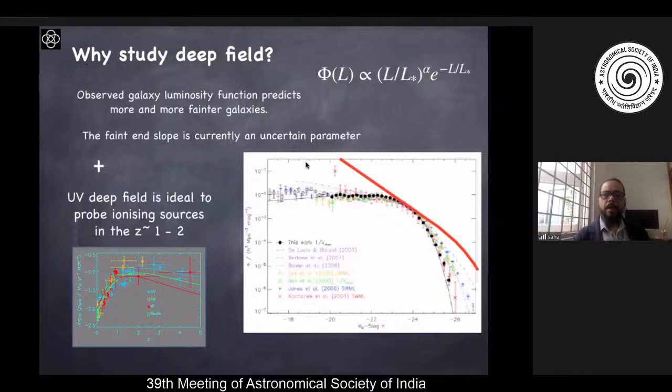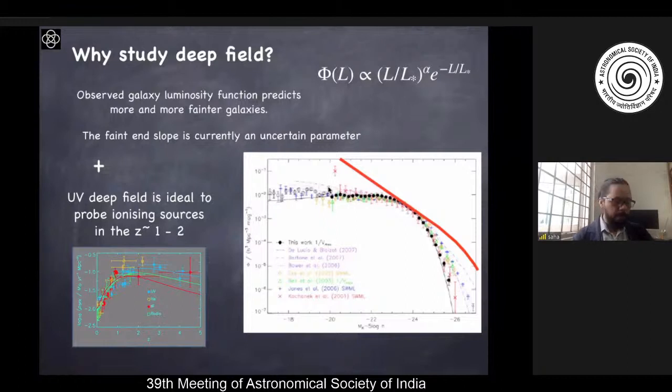The slope on the fainter side, which is alpha, there is no good agreement yet, and in the UV this slope also remains quite uncertain.